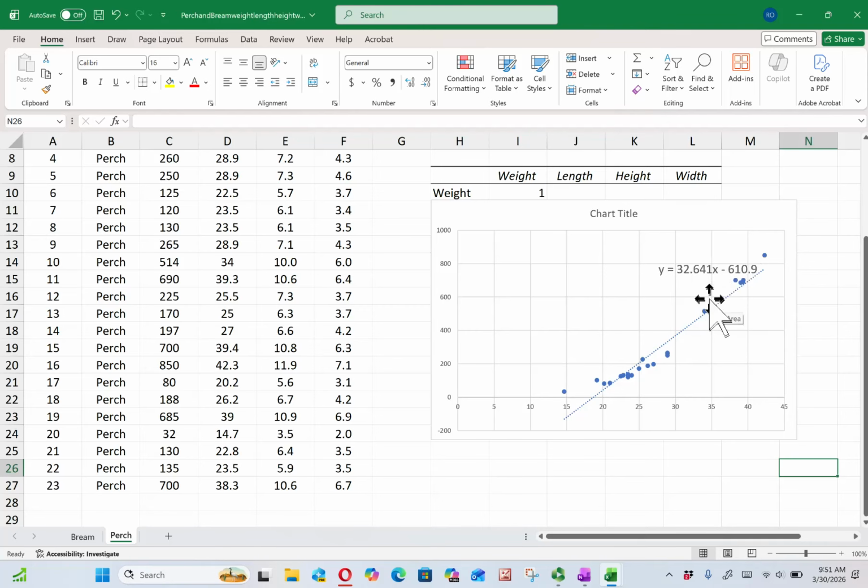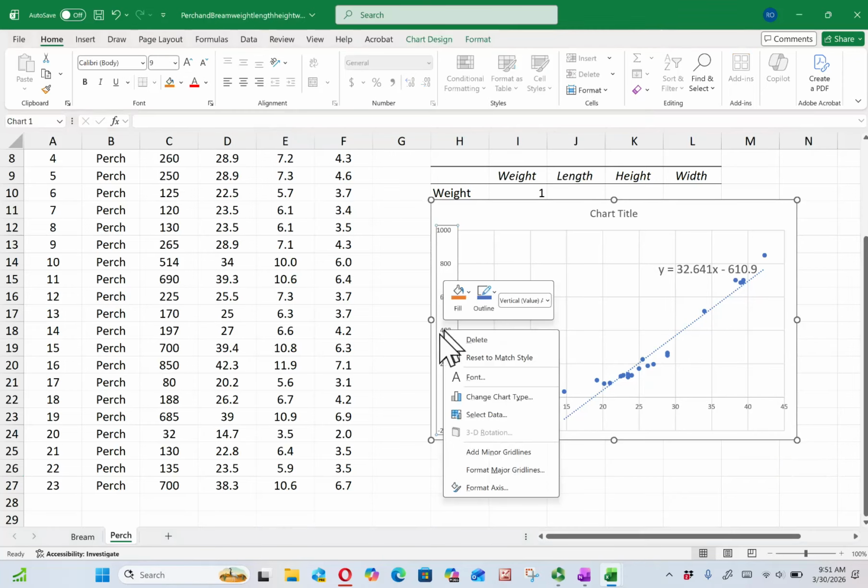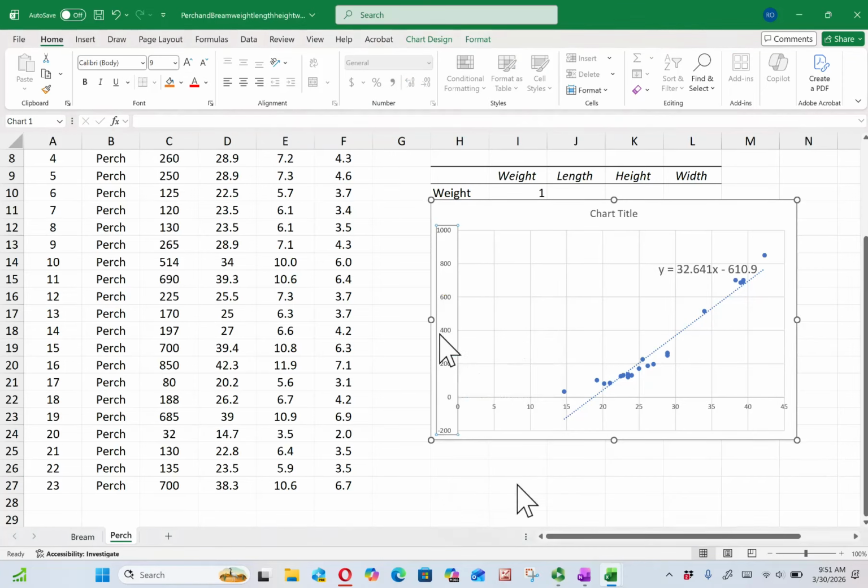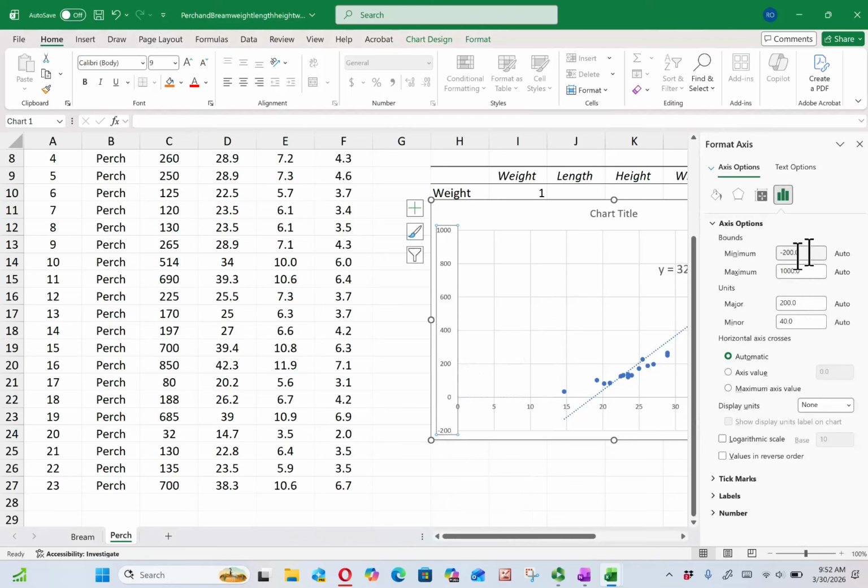Where is the intercept? Where does that line cross the y-axis?